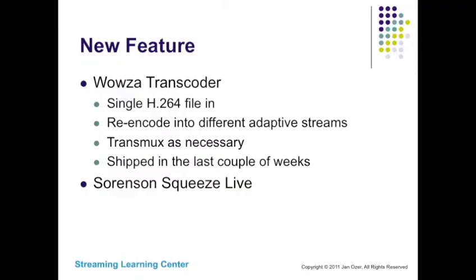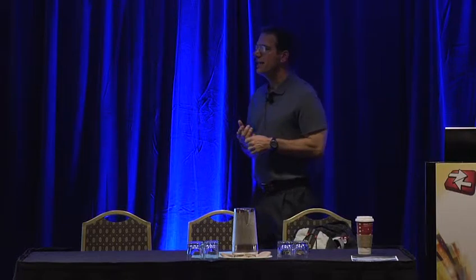The other thing that's common, and this is a new feature of the Wowza encoder, it's also available in a technology called Sorensen Squeeze Live. What Wowza can do now at the server is take a single H.264 file in, and then they can not only transmux it, but they can re-encode it. So the benefit is, we're here in a hotel. This is a great discussion. We want to broadcast it to the world. We want to serve streams all the way up to 5.4 megabits per second. So we want to send multiple streams. Maybe the total is 20 megabits per second.